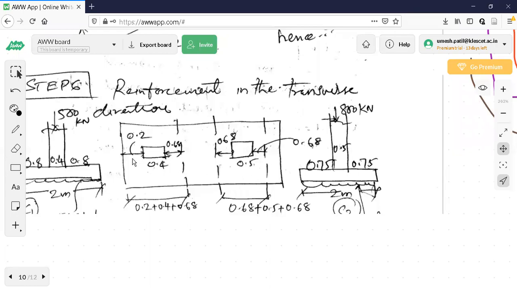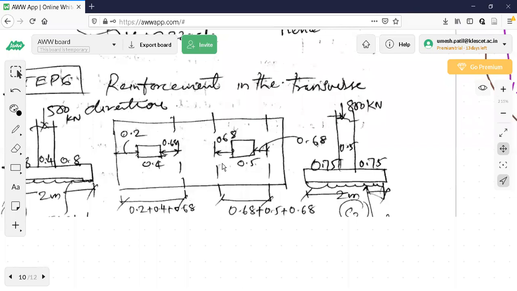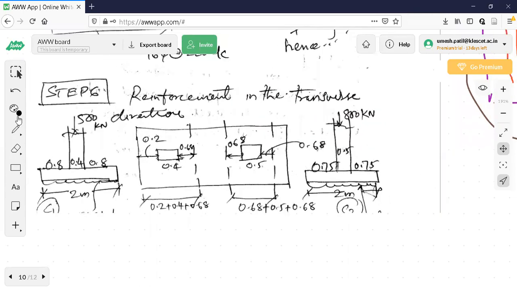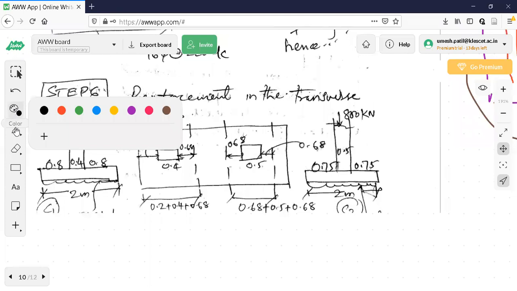This side, center to edge, is A1. This side it is A2. You can start with any column, there is no problem. Now I have to decide this part. I have to calculate. I have to assume like this. Just observe this one here.